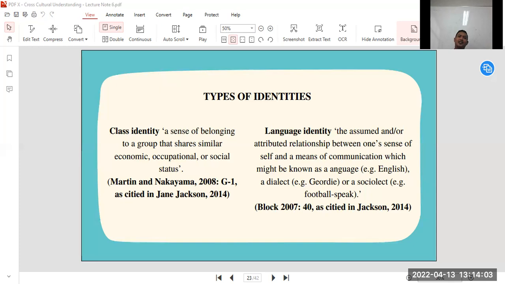Similar to the other types of identities, language identities can change during the course of one's lifetime. You might learn another language as a child. Yeah, when you grow up, you learn other languages.